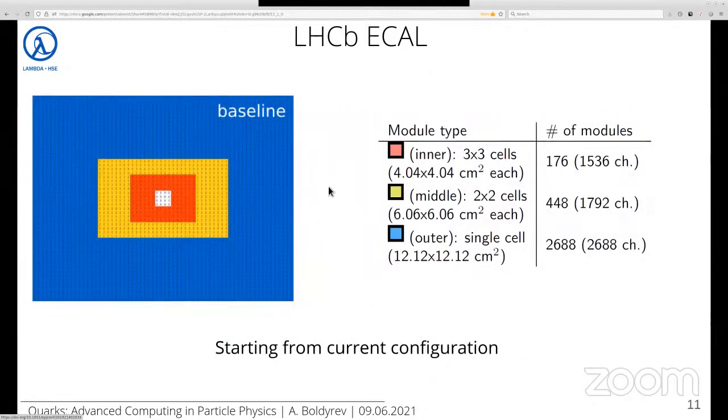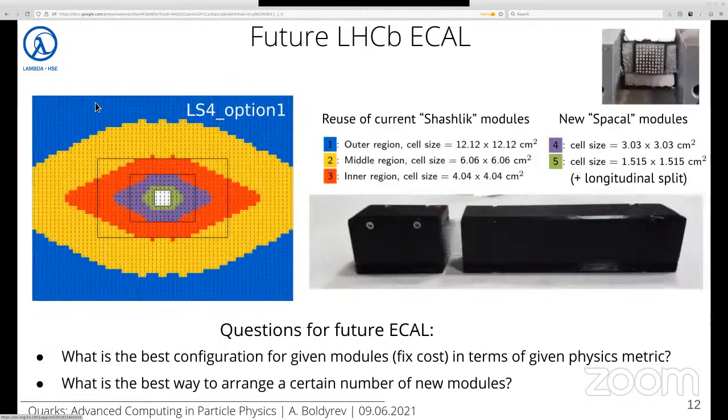The figure on the left shows the current calorimeter module arrangement. We call it this configuration of the electromagnetic calorimeter of the LHCb experiment. The physics performance of this configuration at LHC run 1 and 2 is our baseline. And this is a proposed future LHCb electromagnetic calorimeter configuration.